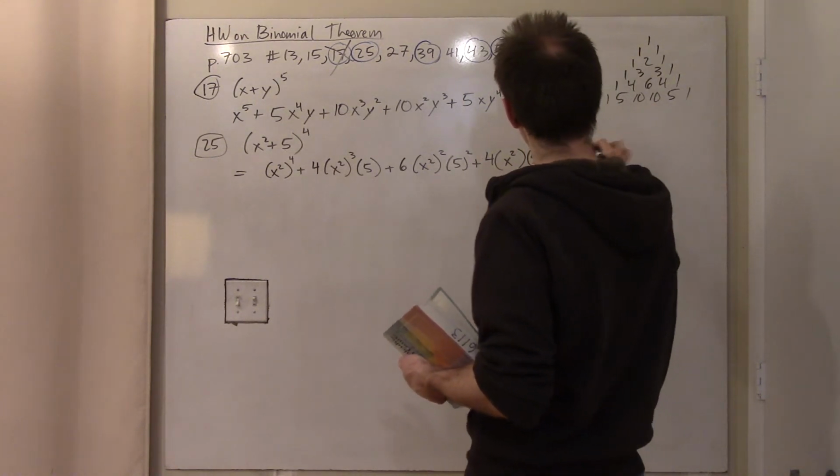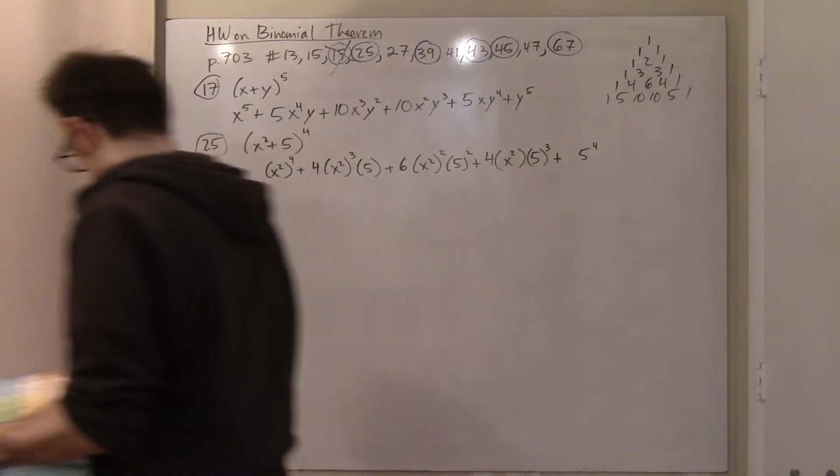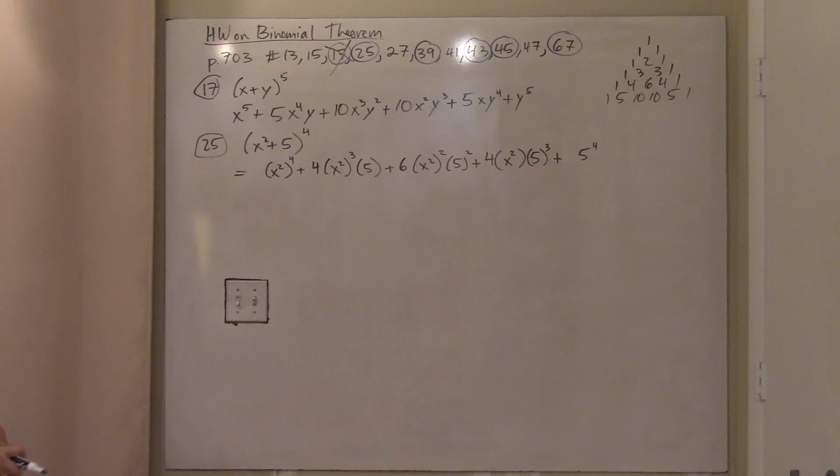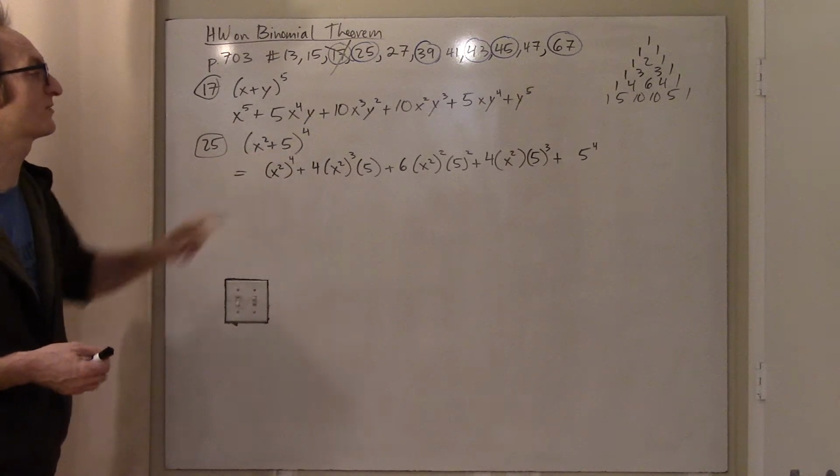I'm just using a certain amount of algebraic discipline to write this out very carefully with parentheses, but really I'm just doing the basic binomial theorem where A is x squared and B is 5.